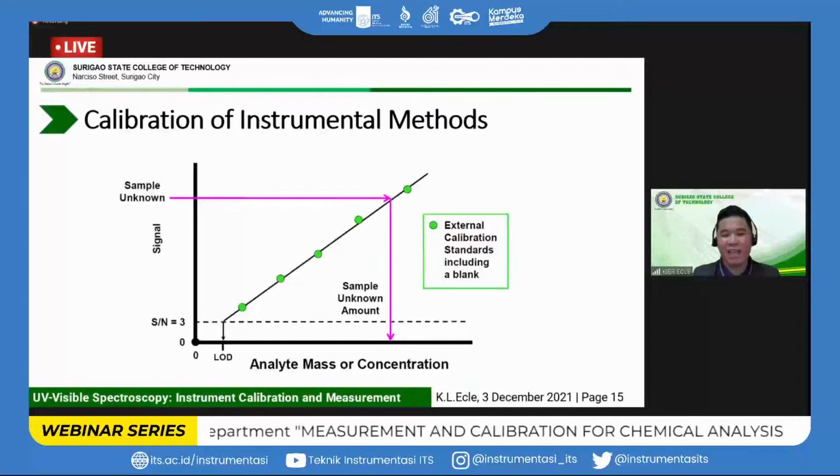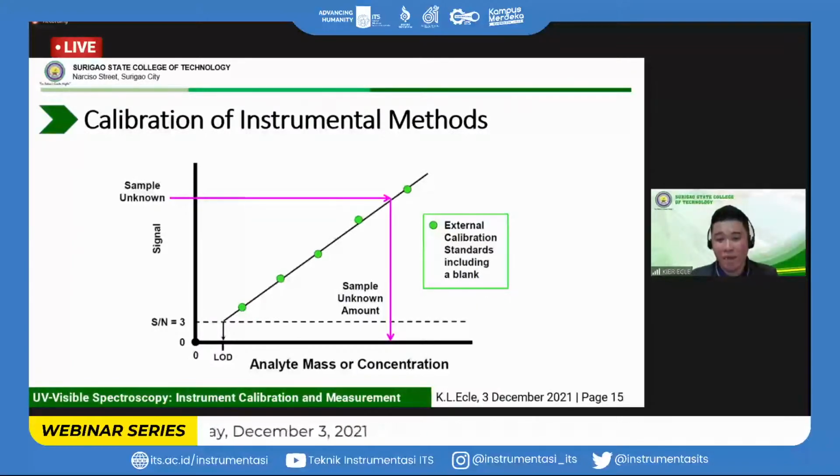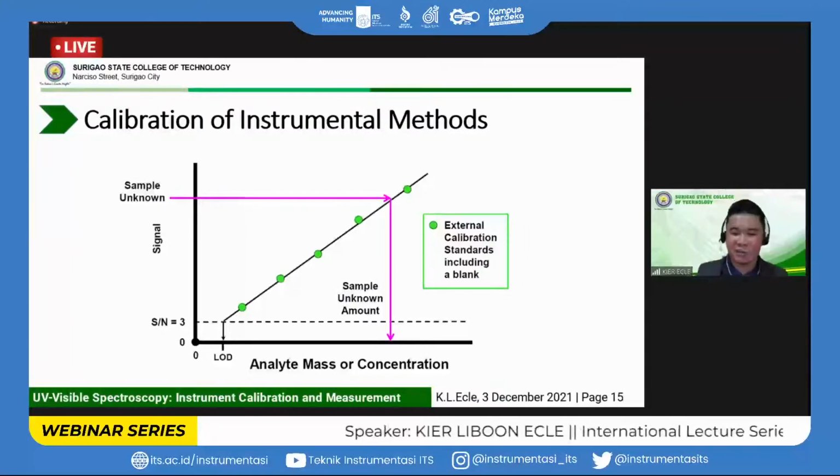That way the percentage error is not quite big, and it would not affect the result when you run the true test in the instrument.